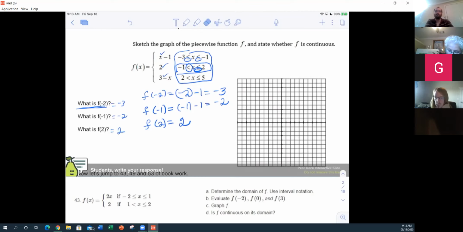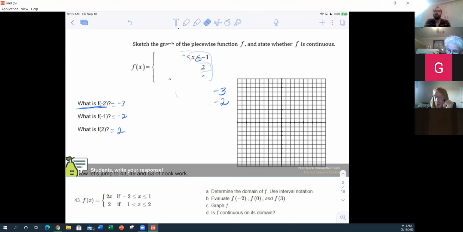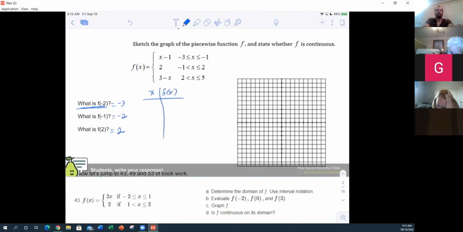Okay, so when we graph these things, I'm just going to do a little T-chart. And these are linear. The ones y'all are going to be doing are linear, so they're pretty easy to do. So I'm going to put -3 and -1.